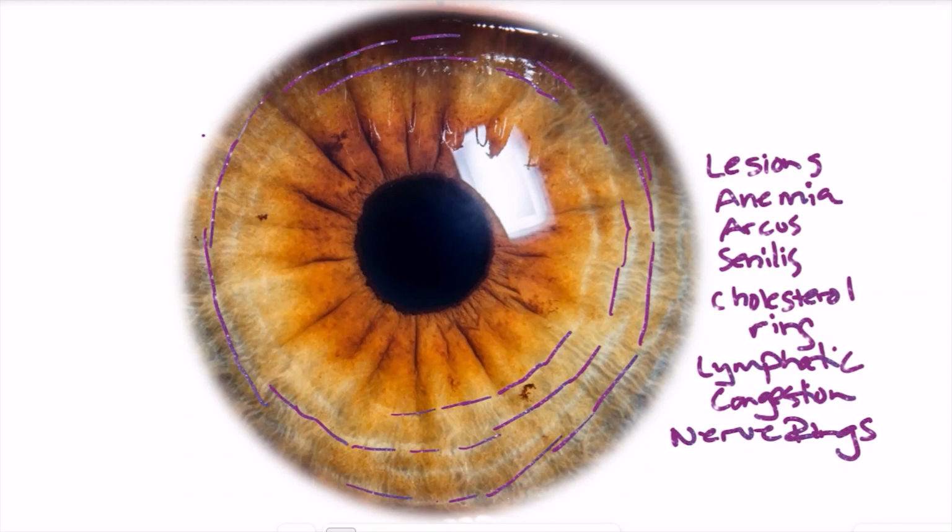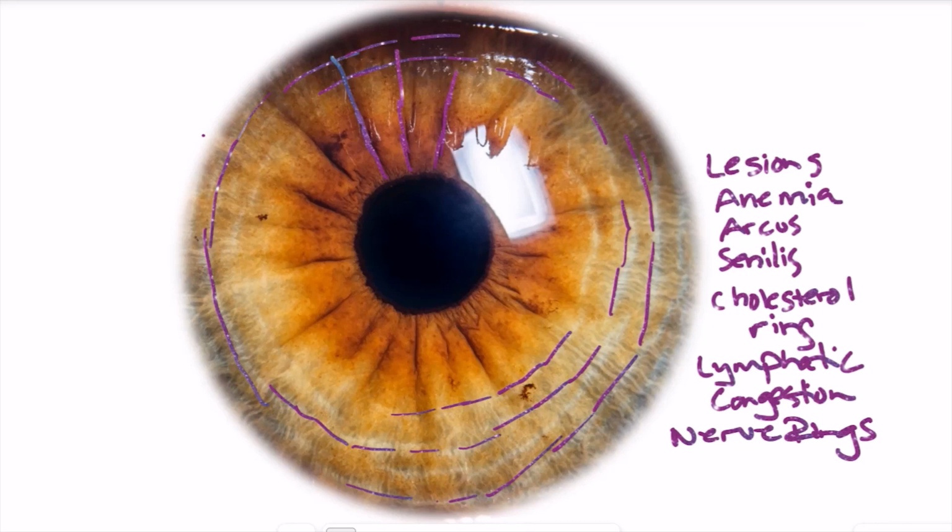Okay, so we'll be looking at nerve rings and Radii Solaris. This iris has plenty of those, and we're going to be looking at whether they are Radii Solaris minor or major, whether they extend all the way from the pupillary margin up into the brain area, or if they only extend into maybe the third or fourth zone.